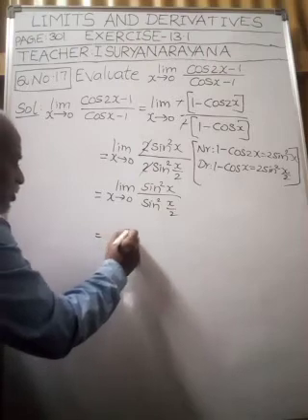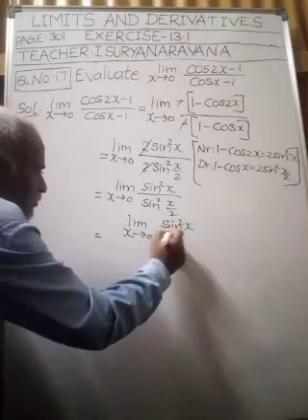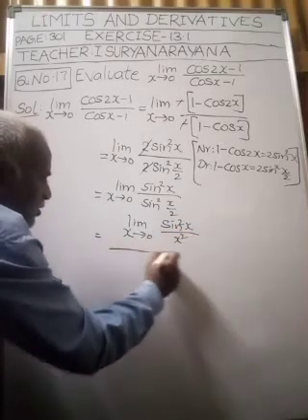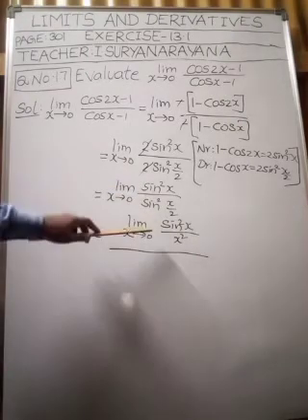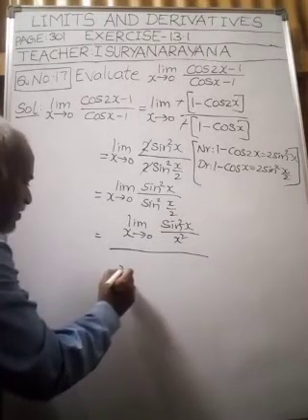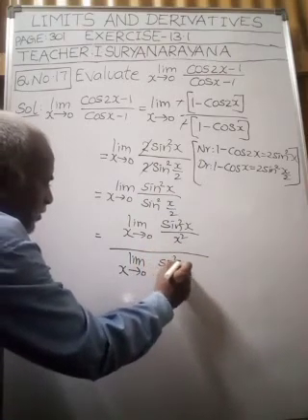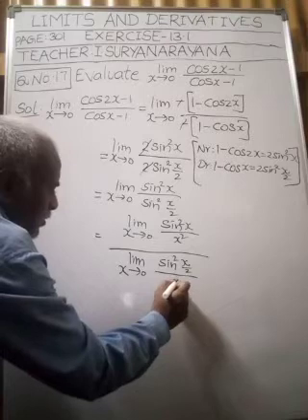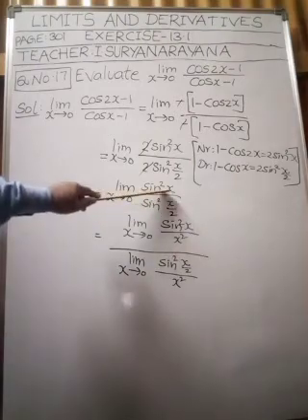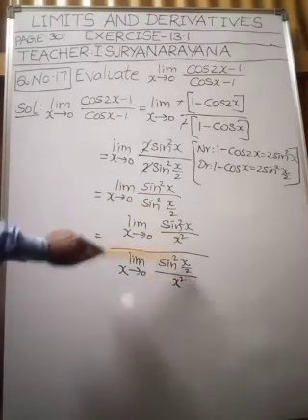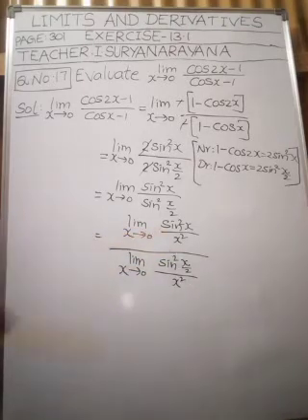So, as x tends to 0, limit of sine square x by x square. At the same time, simultaneously I am taking the limit of the numerator separately and the denominator also separately. As x tends to 0, limit of sine square x by 2 by x square. Understood this step, my children? I divided the numerator and denominator by x square. At the same time, I am taking the limits separately. Understood this step, my children?